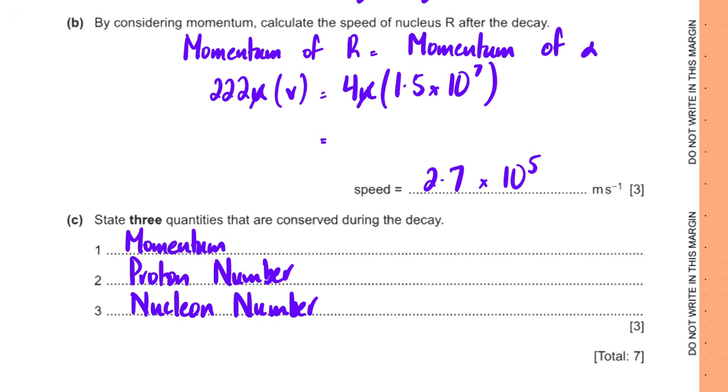You could have also said that charge is conserved, and you can also say that mass energy is conserved, but make sure that you don't just write energy or mass, you say mass energy is conserved, right? E equals mc square, so you can also say that.